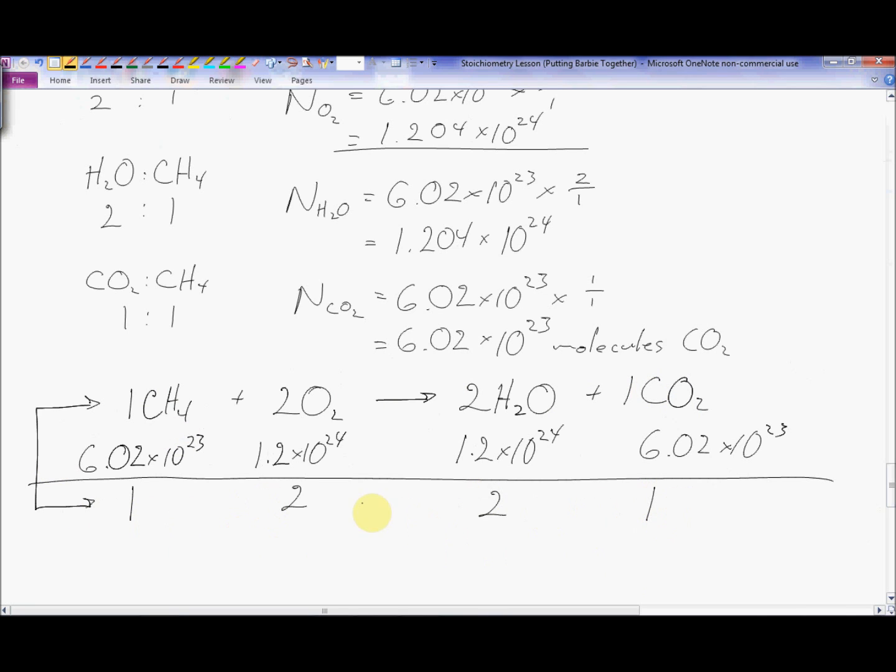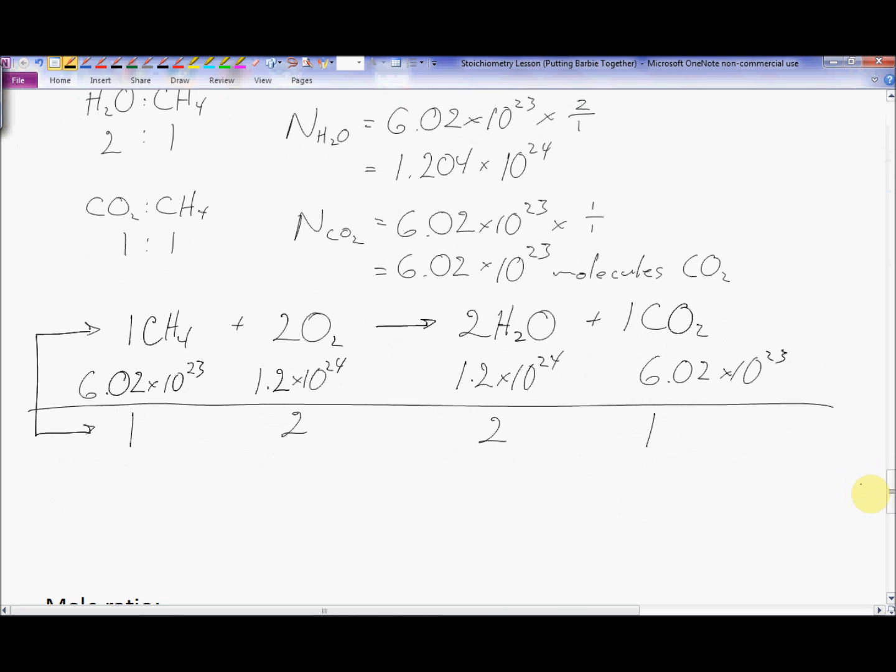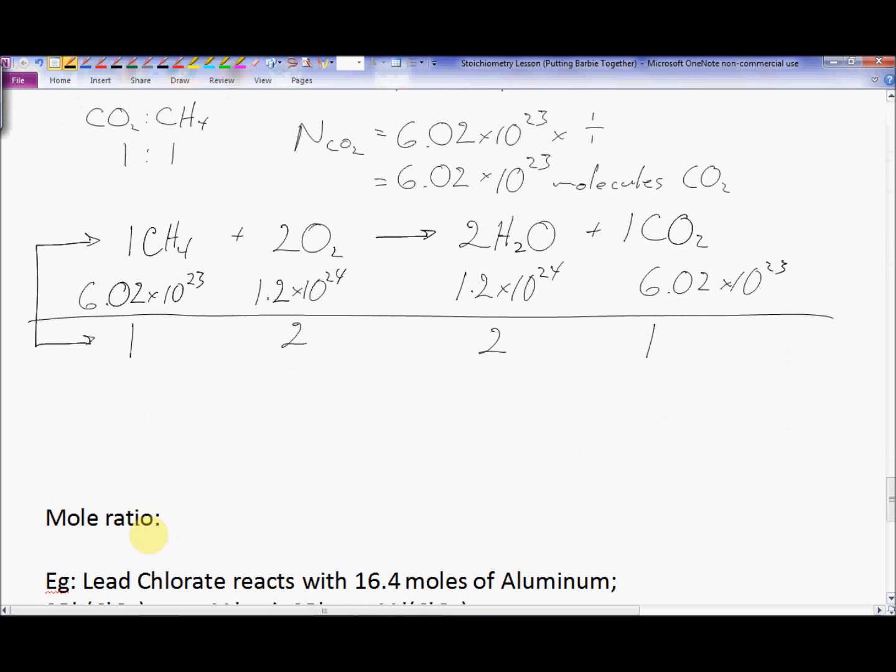So what we're saying is the ratio of particles in the equation is equivalent to your mole ratio between materials as you're dealing with larger samples. So a mole ratio is equivalent to the particle ratios in the chemical reaction.